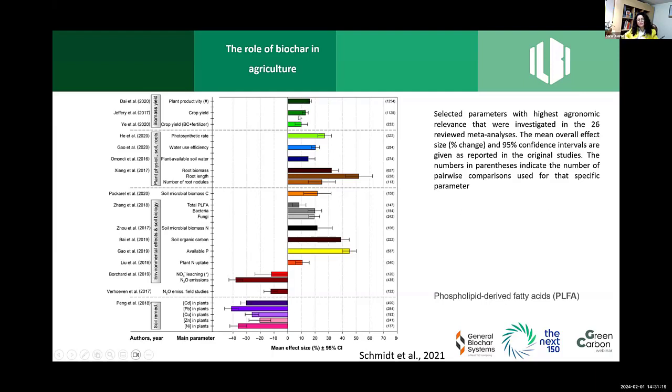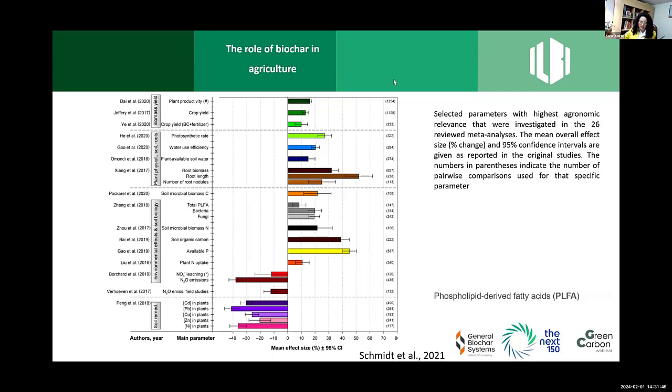So what happens? Because biochar functions as a tool to increase the soil quality as a whole, to improve plant physiology and soil roots, and then as a result, to increase plant productivity.